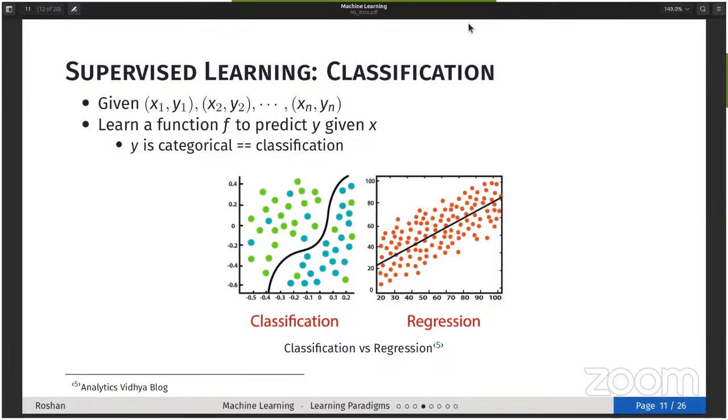Any examples for classification? In classification, you have a fixed set of outcomes or outputs. I've already talked about one previously, the classic machine learning task.